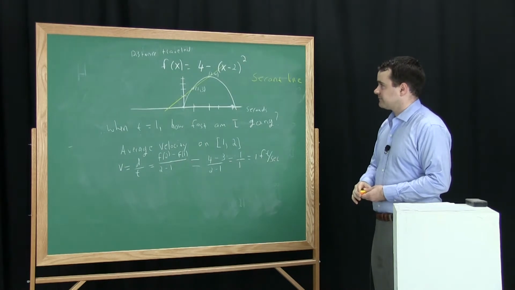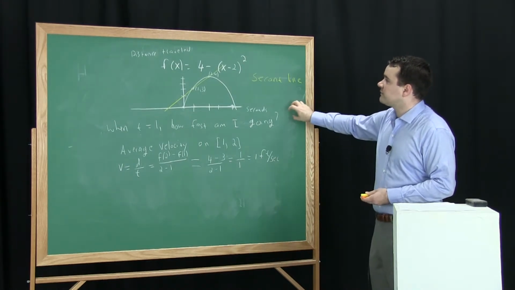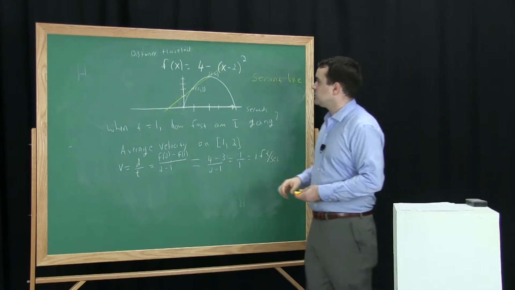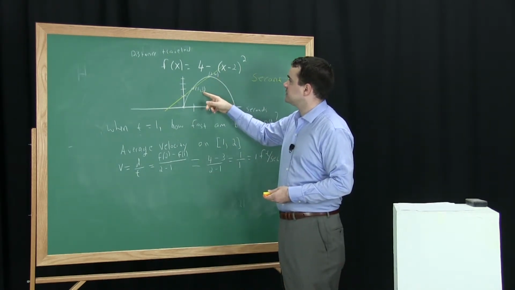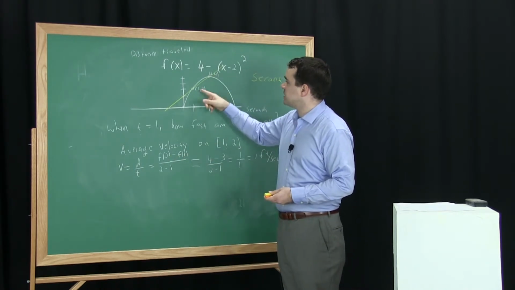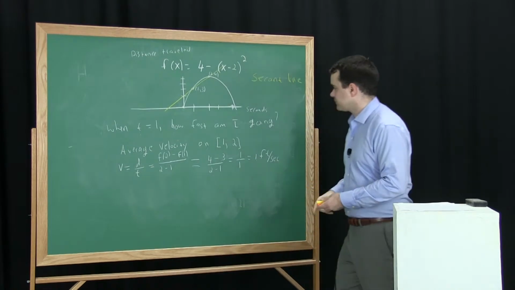That's the secant line. And if I want to find the slope of a line, you know that that slope is the change in y values divided by the change in x values.